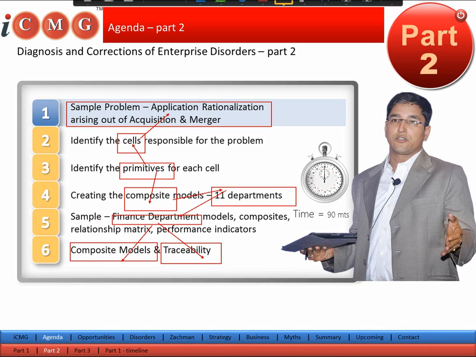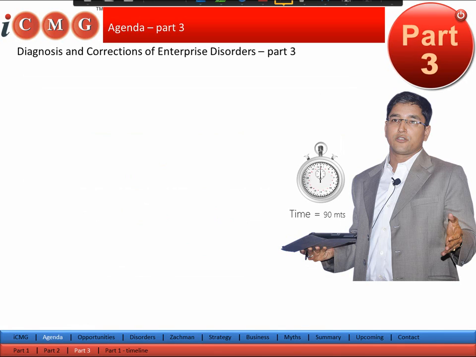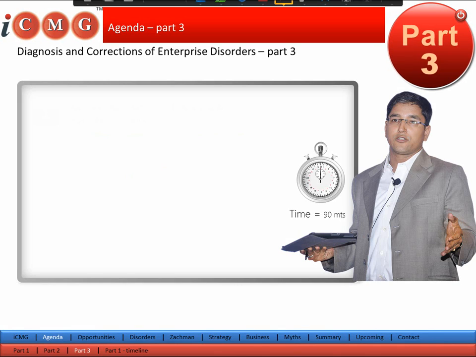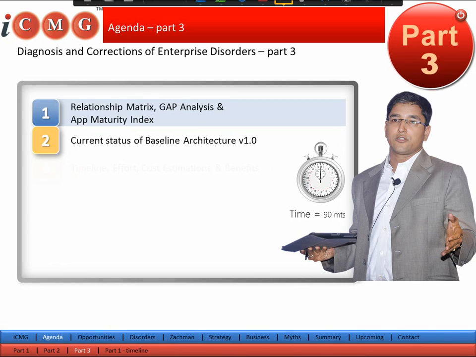In part 3, we are going to look at some more problem definitions, just to validate that this approach is not applicable to just one problem, but you could utilize it for a set of problems. Interestingly, we were actually working on a different problem altogether, but we ended up creating what I'm going to call enterprise anatomy, which could be a difficult word for you right now, but please be with me.